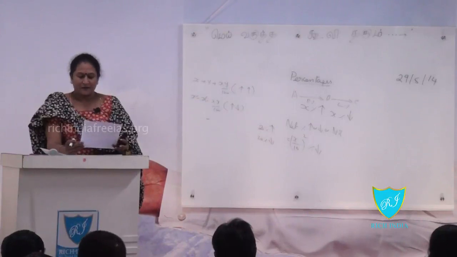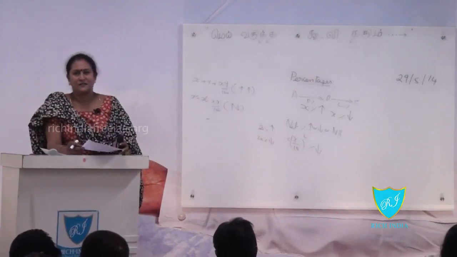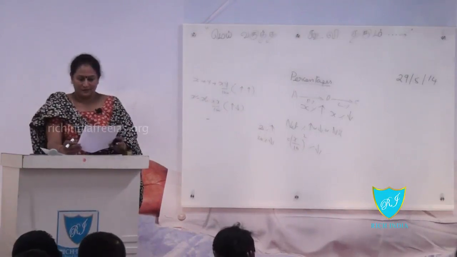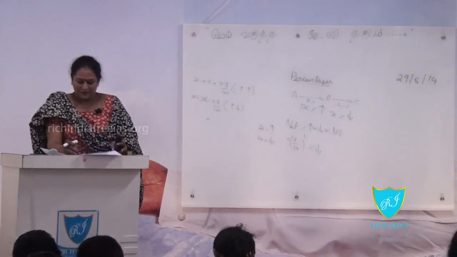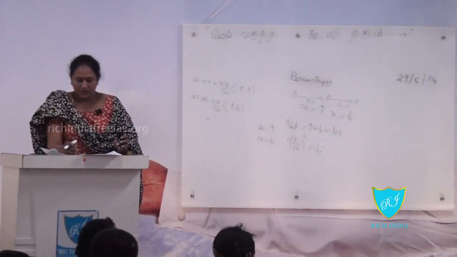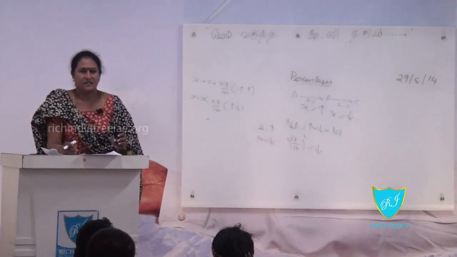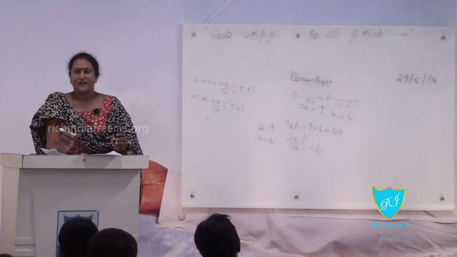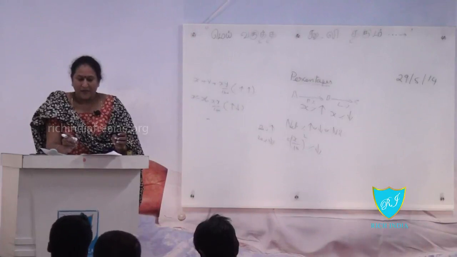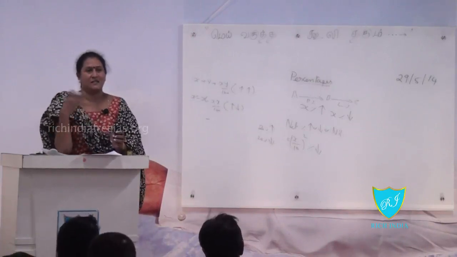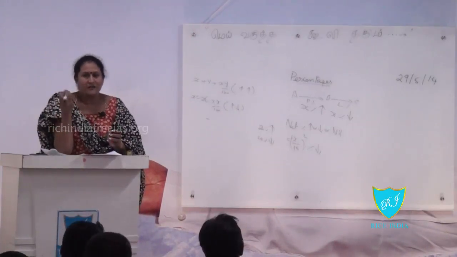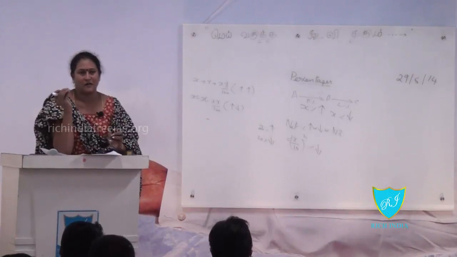So we did the 10th question, the answer is 25%, and now the 11th question, it is 768. The mark price is 800. He is buying an article for 20% less and selling 20% more. So it is a 4% decrease in its mark price.